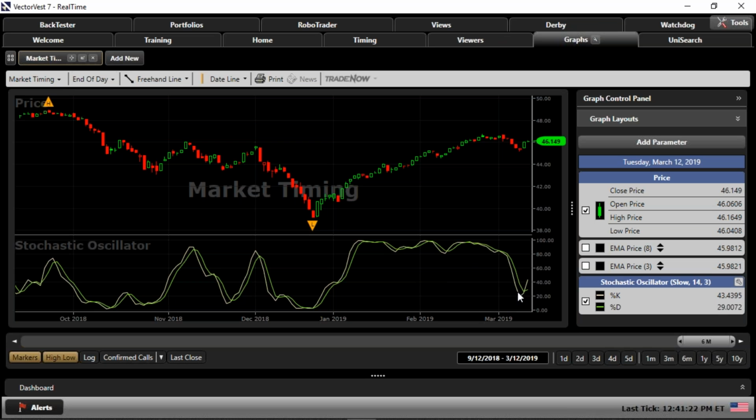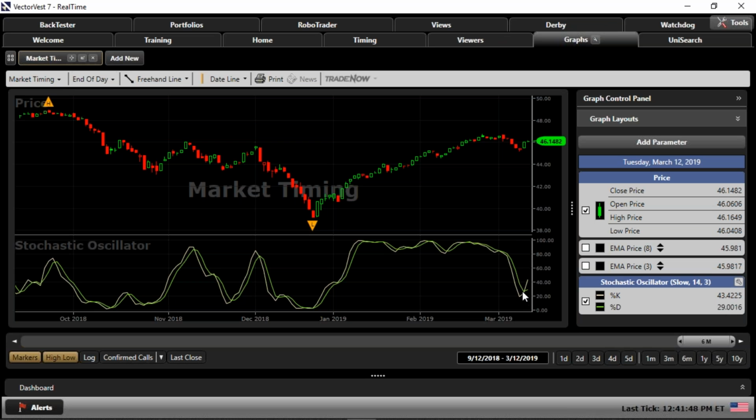I added stochastics to the price chart of the VectorVest composite. Mark says, is it possible to import a list of stocks determined fundamentally, then screen for technicals? In essence, yes, Mark. You can screen for both fundamental and technical indicators in one screen within the VectorVest program.